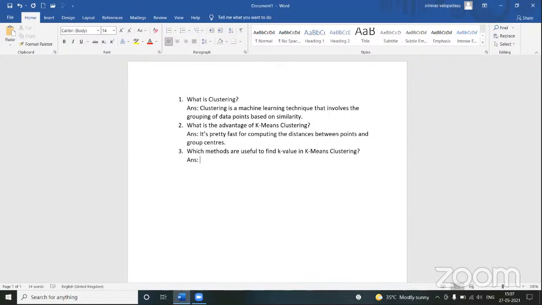So we know already in K-means clustering, first we need to define K value. So what methods do we have?